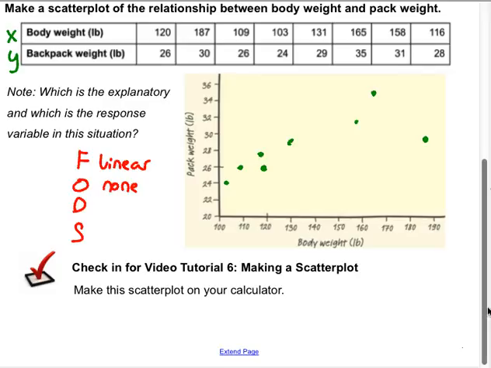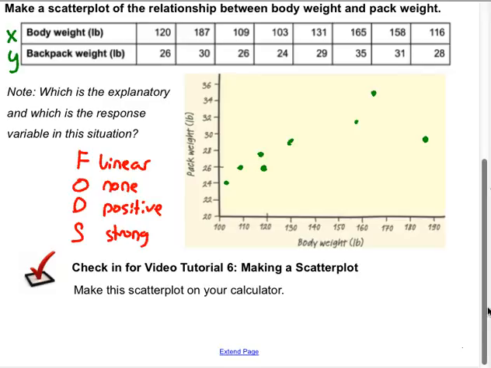Direction, notice it's increasing as you go from left to right, so that's going to be positive. And strength, I think this is either moderate or strong. We're going to eventually learn a numerical calculation for how to describe that, but for now, you put moderate, strong, that works.